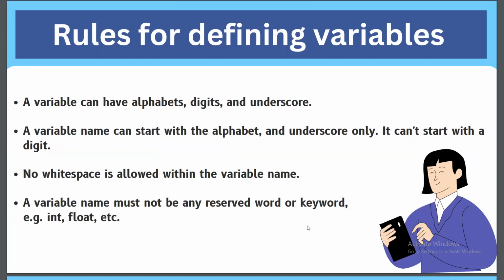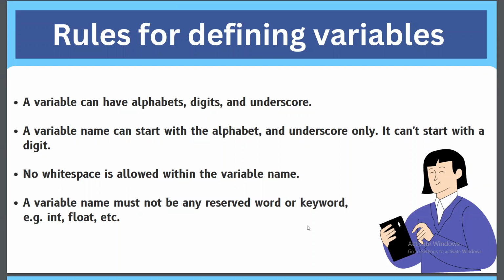We can start with an alphabet or underscore only. No white space is allowed within the variable name. We cannot define any variable name with a space. Space is not used in any kind of programming language. This is not an identifier word. So it is completely mentioned that no white space is allowed.